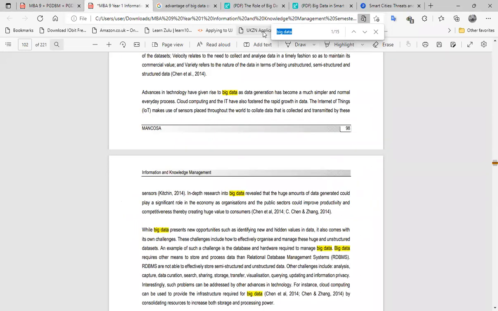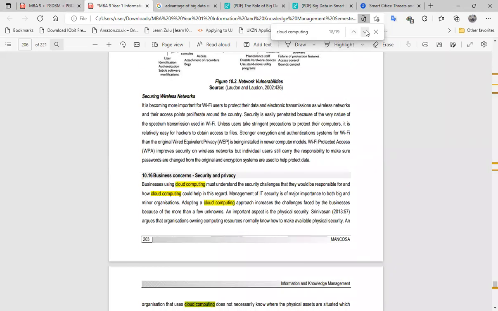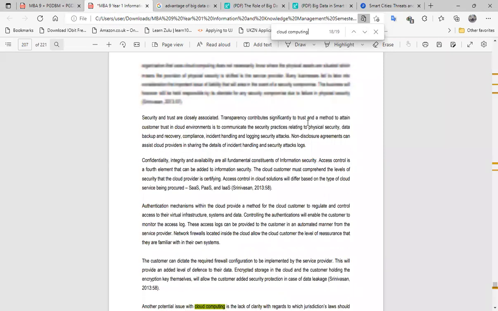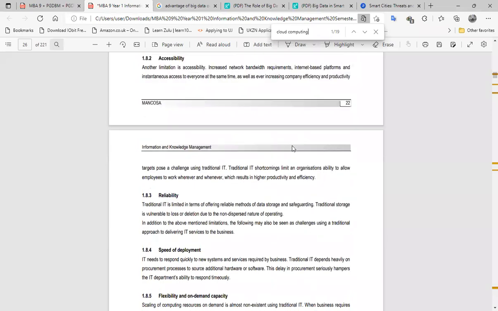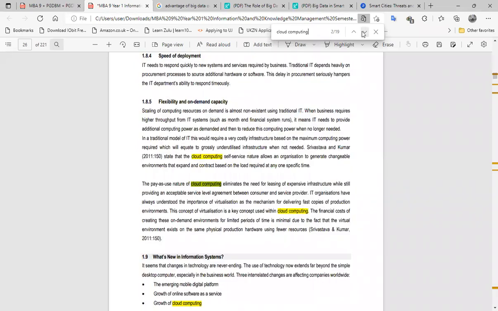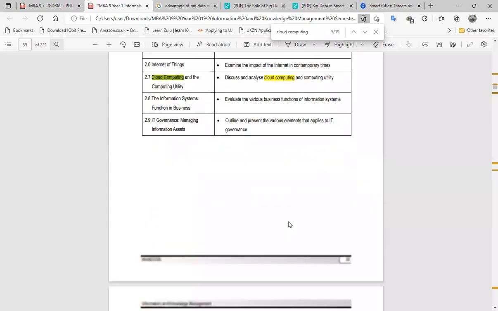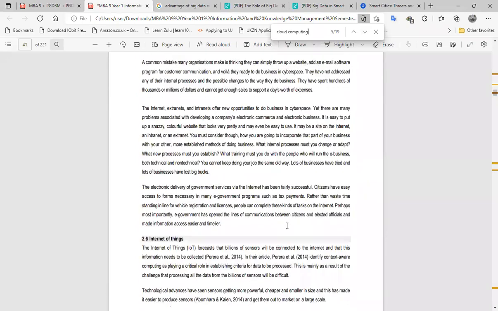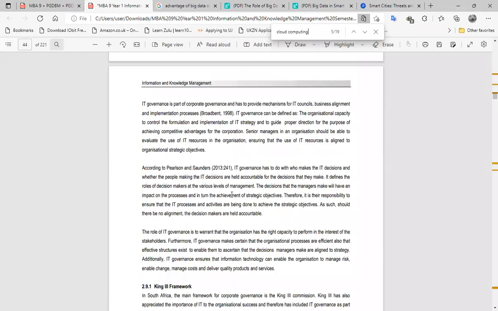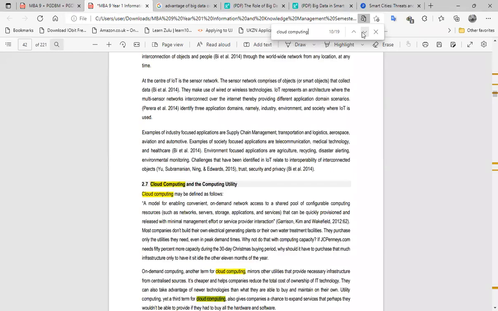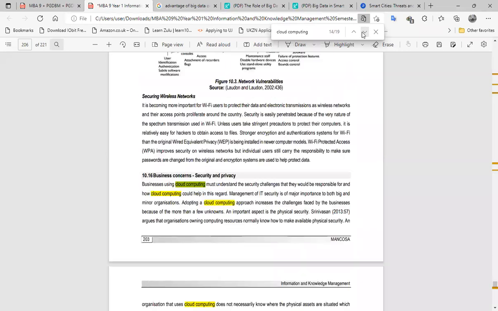So these are the advantages of 5 ways of cloud computing. All right, so it looks like it might not be 5 ways.